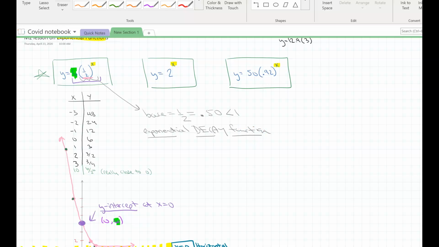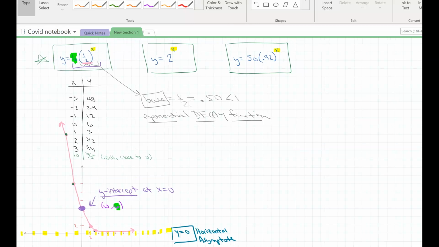Again, we're looking at the base. The base is that number which is raised to the exponent x. Sometimes in contextual problems, when you are looking at the y value when x equals 0, you may see the phrase initial value. That is the value of something at the initial period of time.